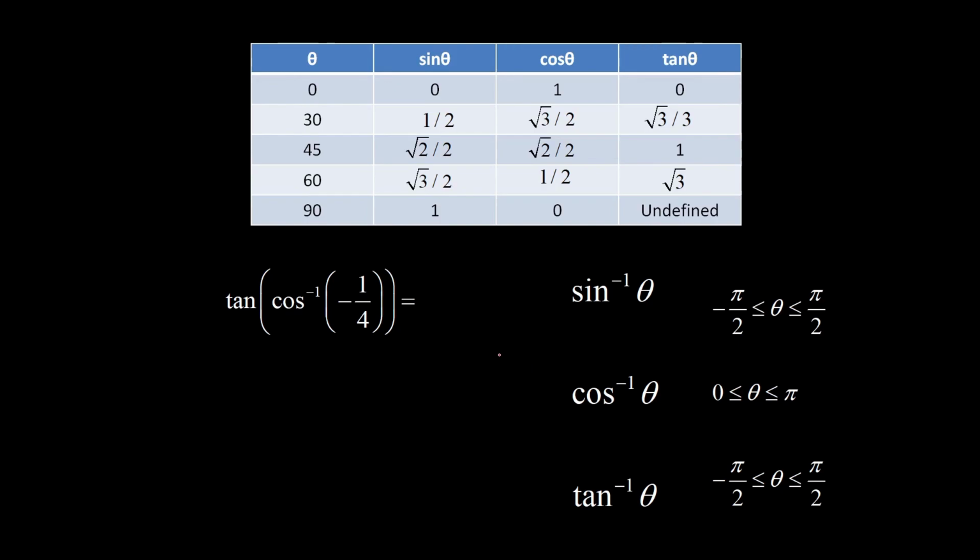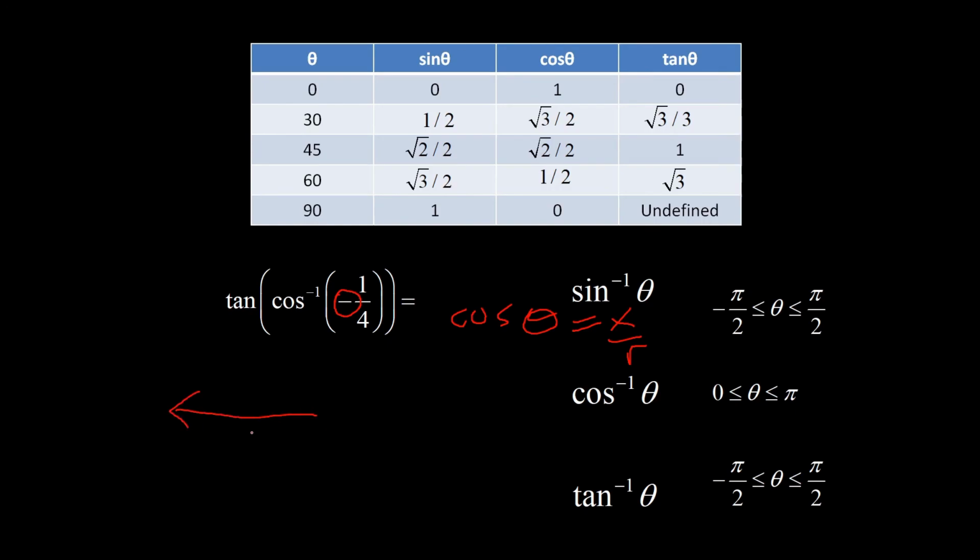Let's check out another one. Minus 1/4, not on our table. Going to have to go to a right triangle. Now notice cosine, there's a minus here. And remember, cosine is x over r. So if there's a minus sign here, that means x must be minus.